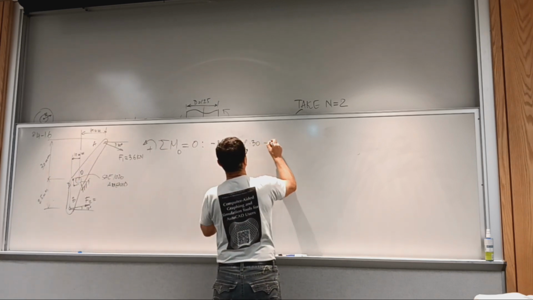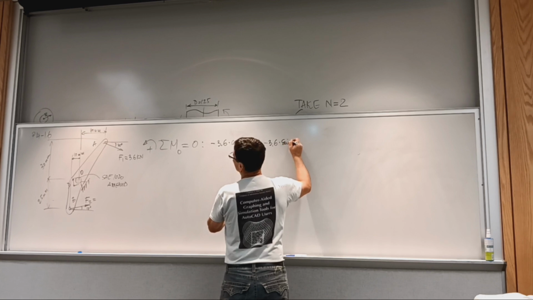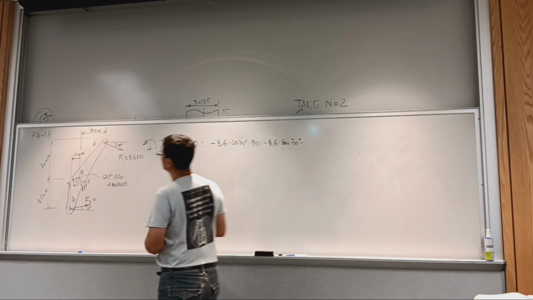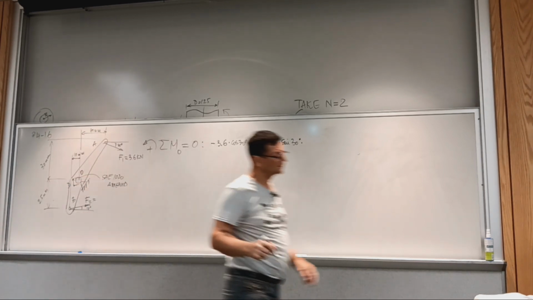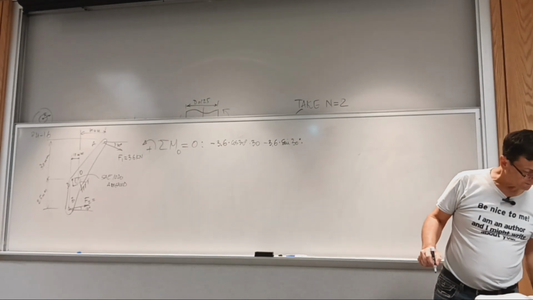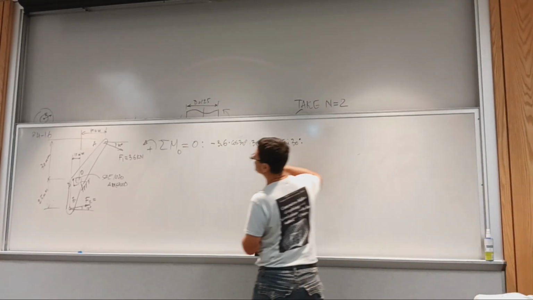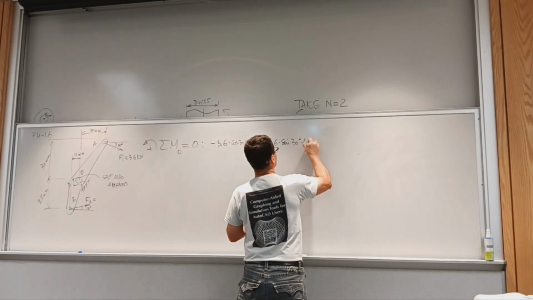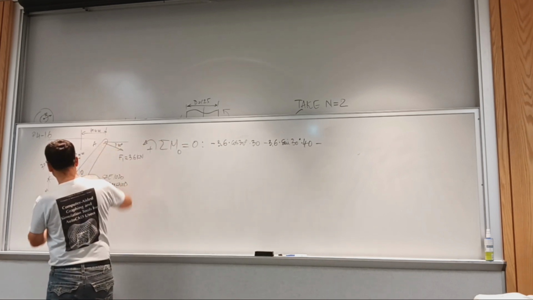So I have negative 3.6 kilonewtons times sine of 30 degrees, times, are these values correct? Yeah, 30, 25, 40, 10. So negative sine of 30, and the arm of the vertical component is 40. My drawing is not quite to scale. Okay, so I took care of this force.